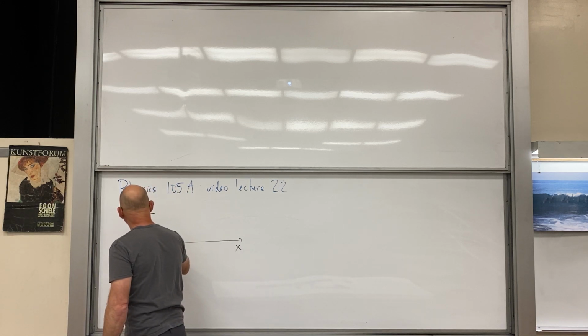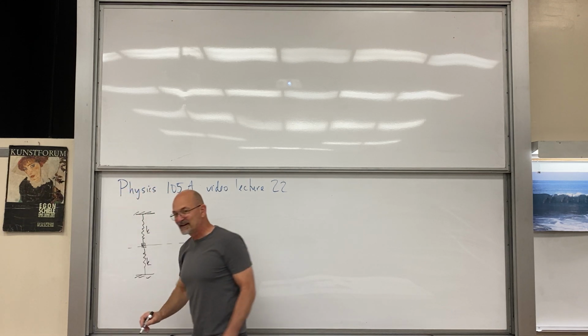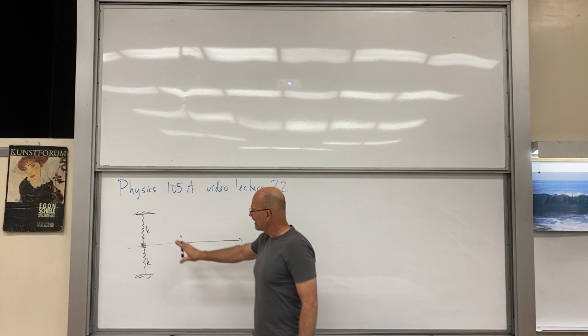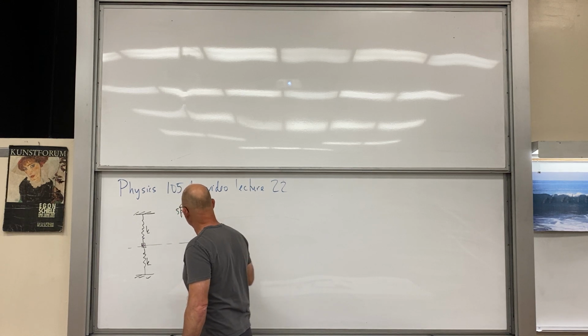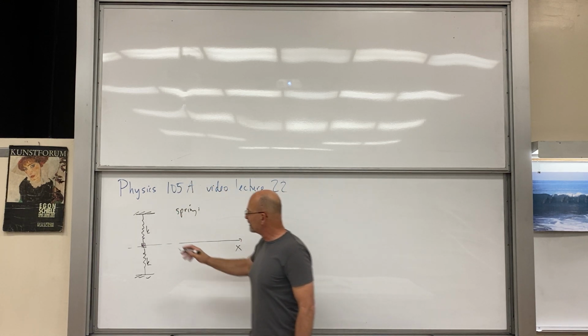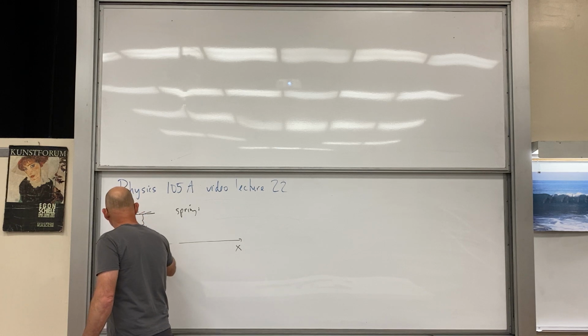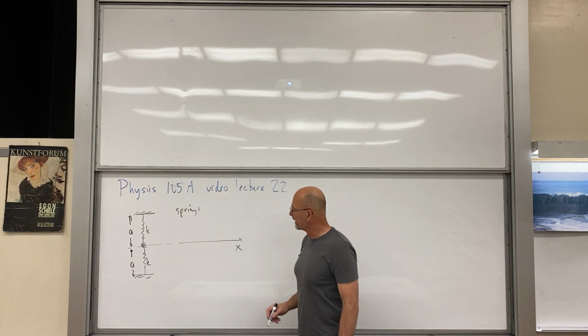So we have these springs, ordinary spring constant K type of springs. They have a relaxed length of L, and this frame has a length of 2 times A. So it's A from here to here and down to there.